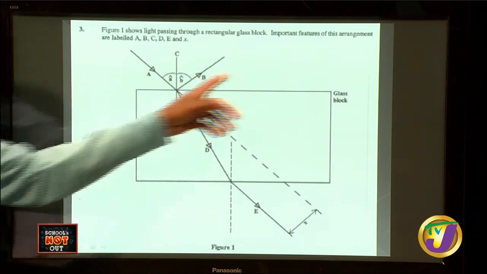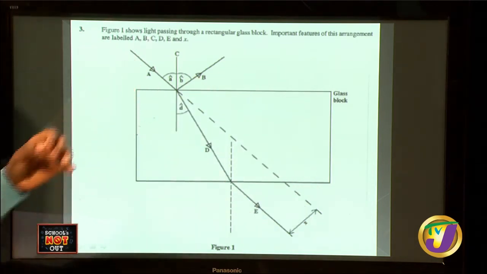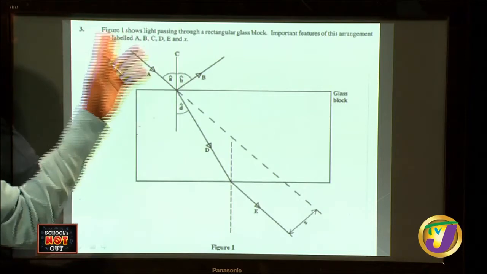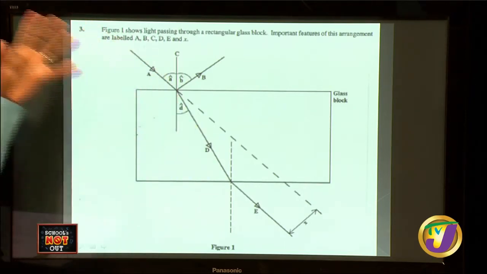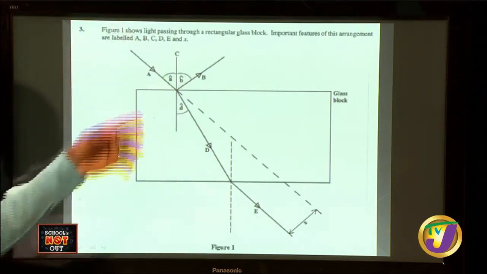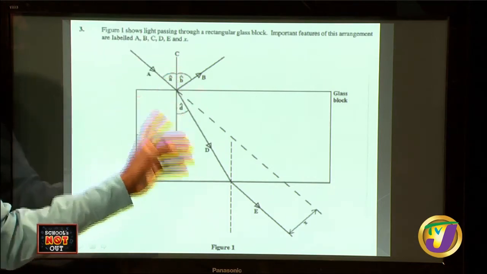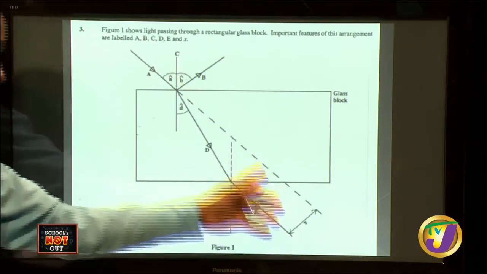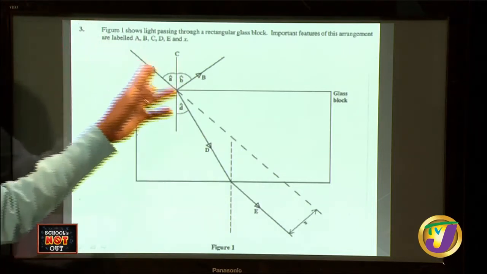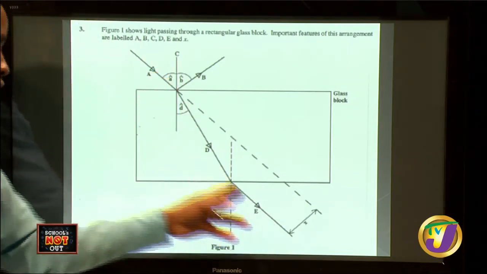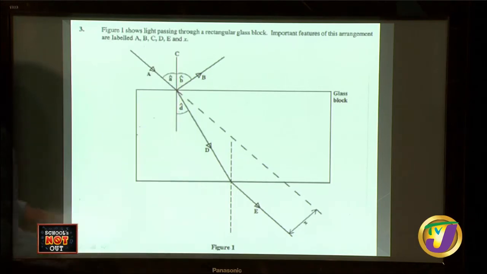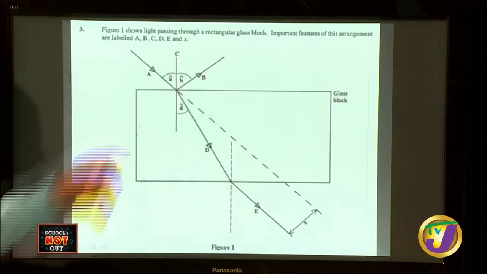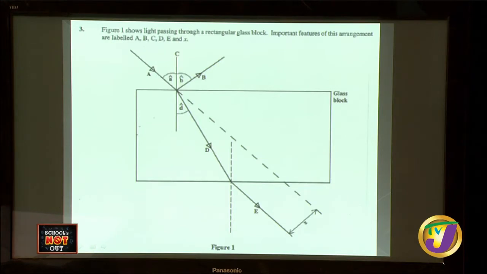This would be the glass block or the Perspex block. This would now be a ray diagram where you'd put pins or something that shows how light travels. These are angles that you've measured, and this is the line that the ray would travel if the block wasn't there, and this is the line that the ray actually travels because of the block. And of course you can interpret what this is based on what we have looked at.